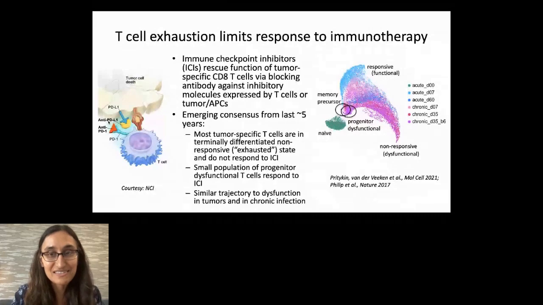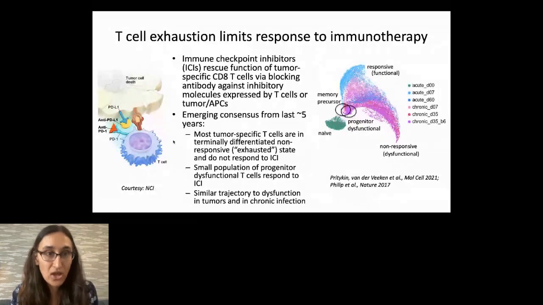I'm just summarizing here that we all know that the idea behind immune checkpoint inhibitors is to exploit the presence of tumor-specific CD8 T cells and rescue their function by using blocking antibody against inhibitory molecules that are expressed either by T cells or tumor cells or antigen-presenting cells.